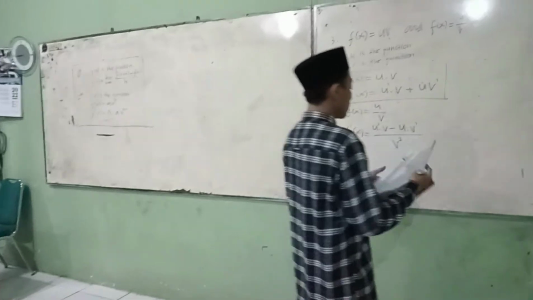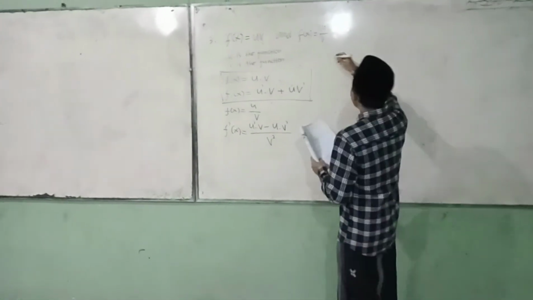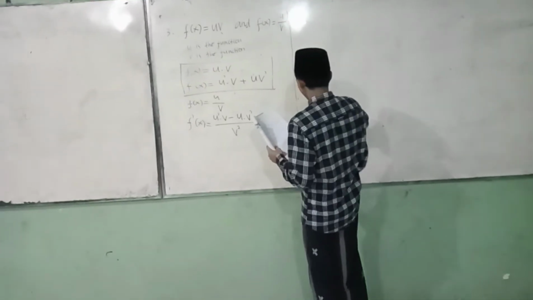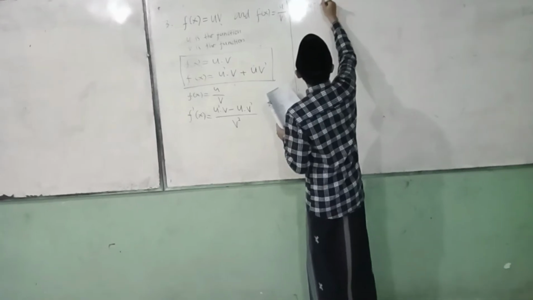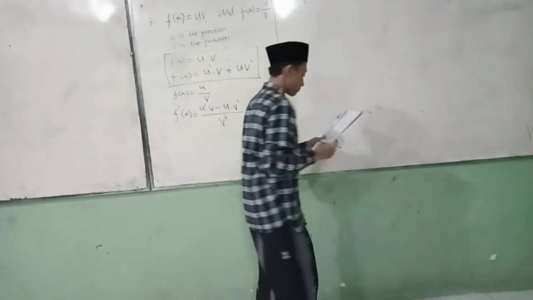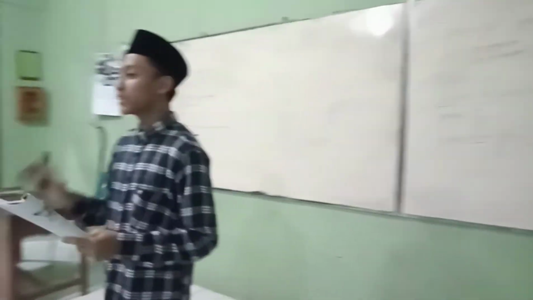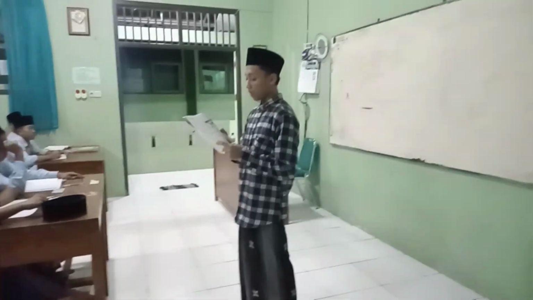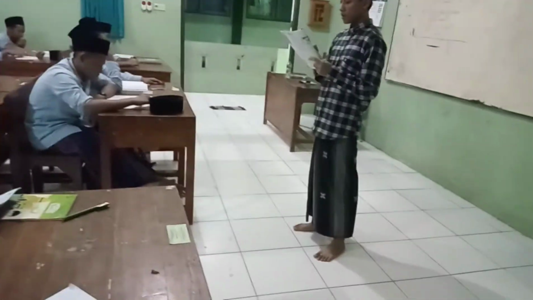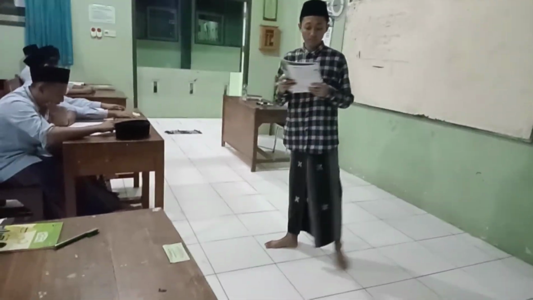Now I will give you an example for this theorem. You can look at your book. Given the function f of x is equal to x to the power of 5 plus 2x to the power of 4, times 3x to the power of negative 6.